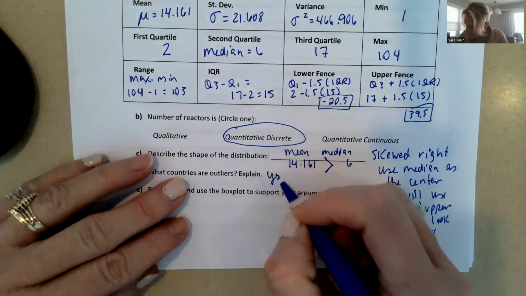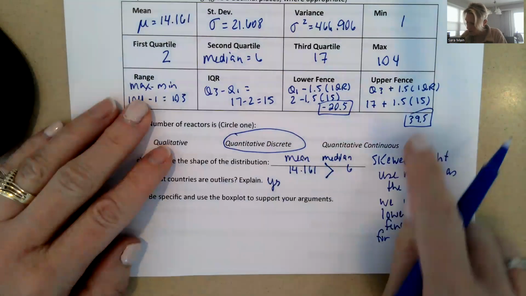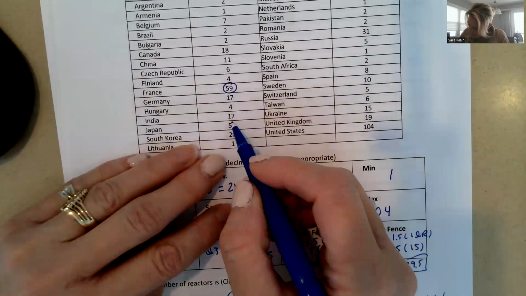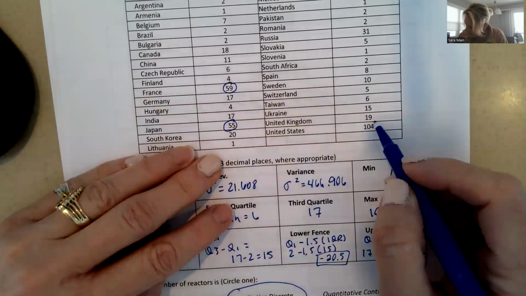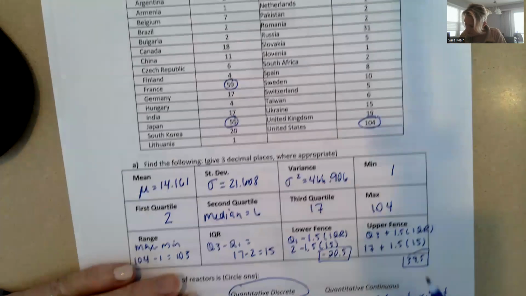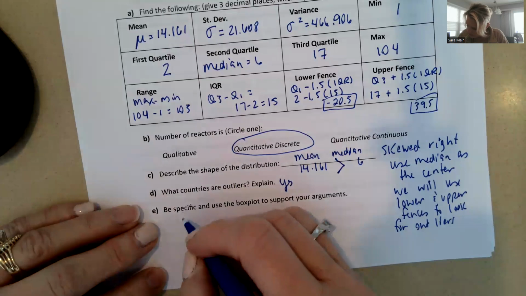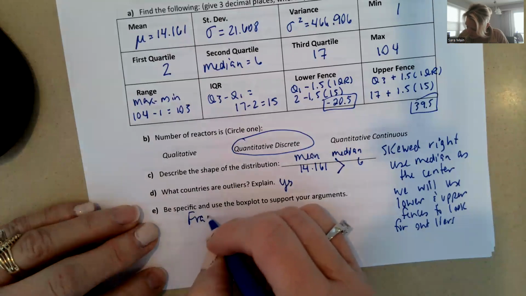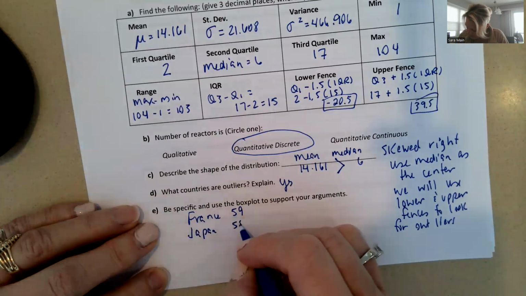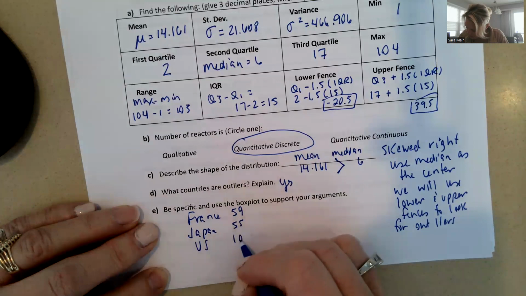And so, yes, there are definitely outliers. Let's go ahead and circle all the ones that are bigger than 39.5. We have France, Japan, the US are all bigger than 39.5. So France at 59, Japan at 55, and the US at 104.